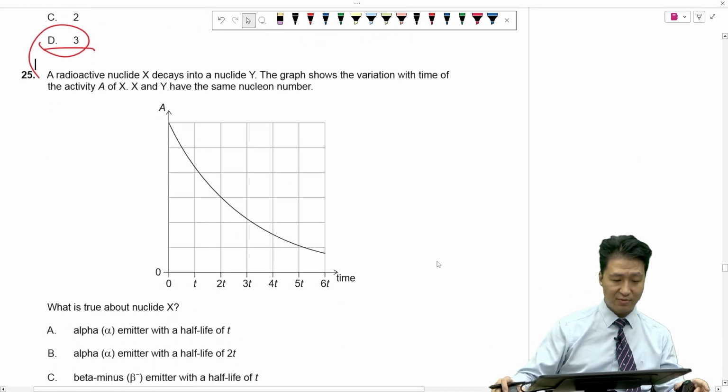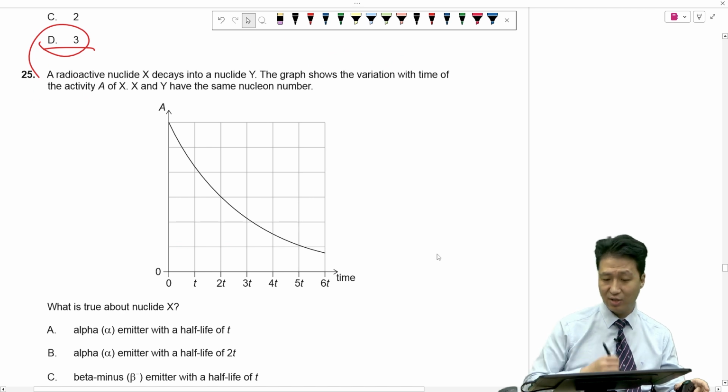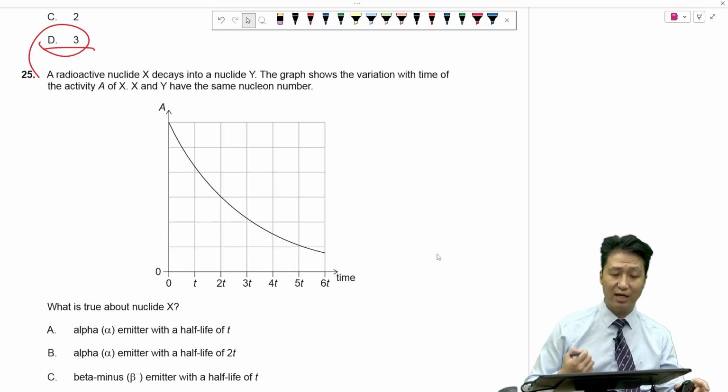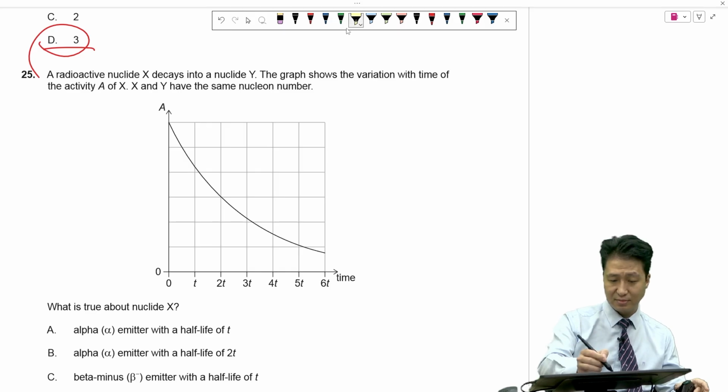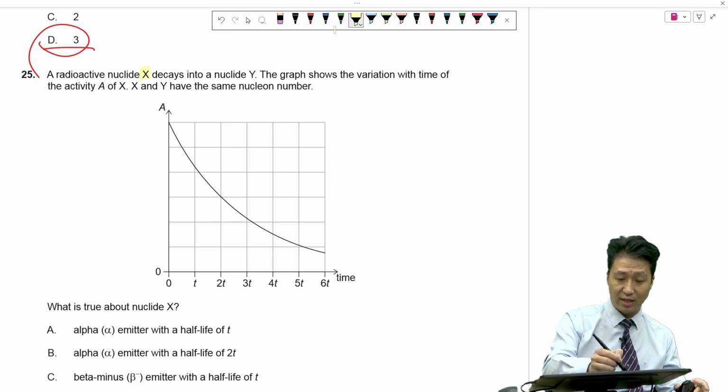Number 25. A radioactive nuclide X decays into nuclide Y. The graph shows the variation with time of the activity A of X. X and Y have the same nucleon number. What is true about nuclide X? So first of all, it's X becoming Y. They have the same nucleon number.